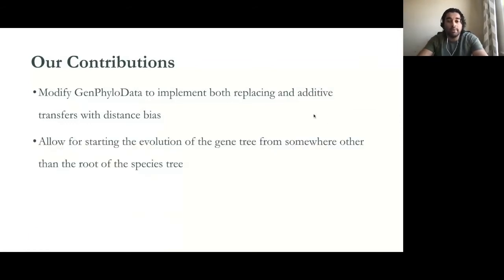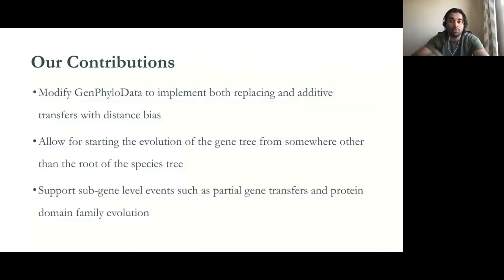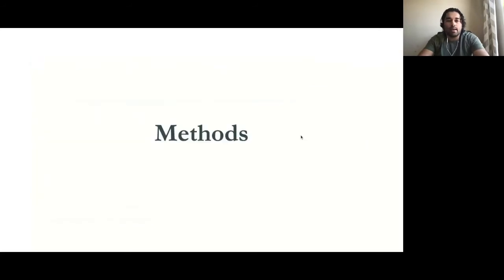We allow for starting the evolution of the gene tree from somewhere other than the root of the species tree. And also we support subgene level events. And in addition to that, we also support protein domain evolution, allowing for the evolution of domain trees within multiple gene trees. And with that, let's jump into the methods.